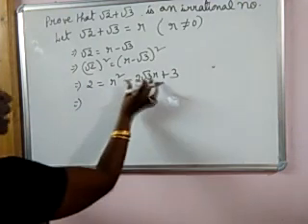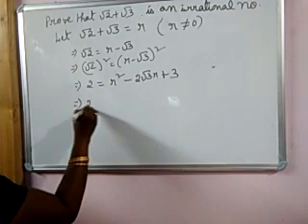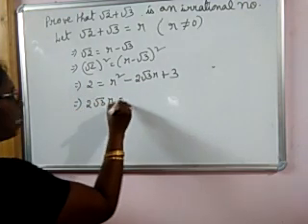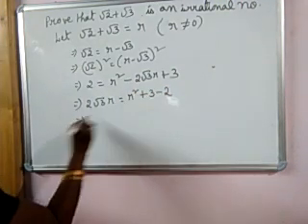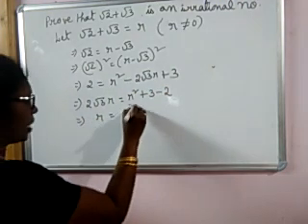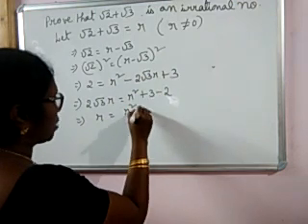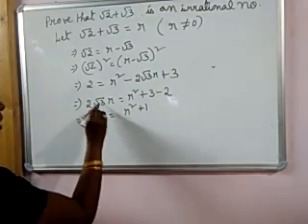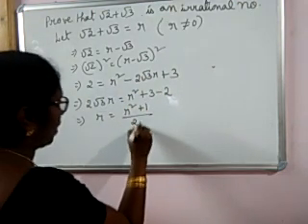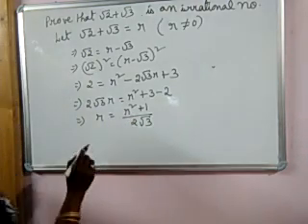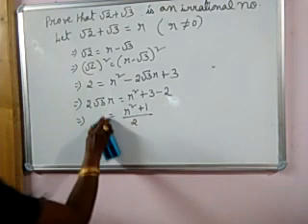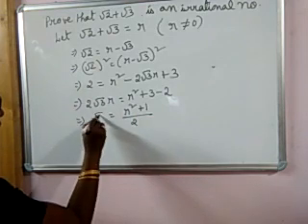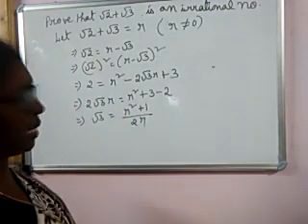That implies, let me bring this minus 2 root 3 R this side: 2 root 3 R equals R square plus 3 minus 2, which is R square plus 1. Let us keep root 3 here and take 2R this side.